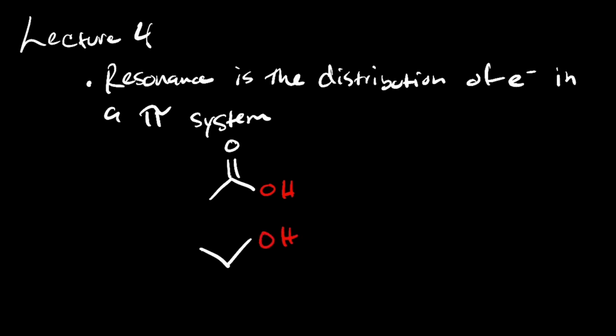And we observed the pKa's, that should be a capital K. These two are significantly different. 4.8, which would make acetic acid an actual acid, and then ethanol, which is about 16, which however you cut it actually makes it a weaker acid than water. So ethanol is definitely not an acid.